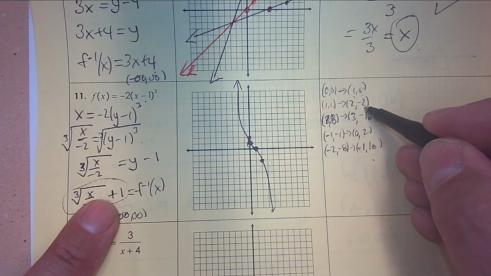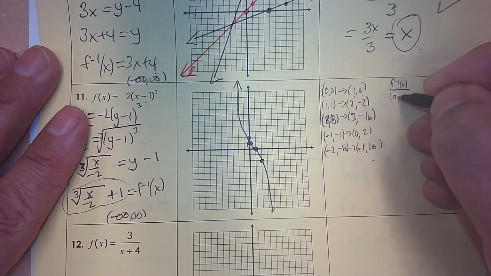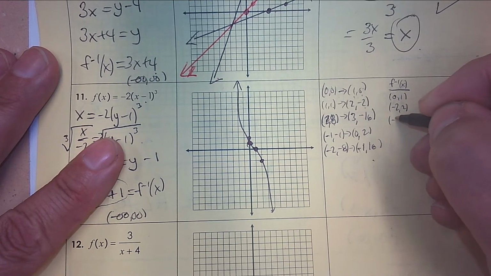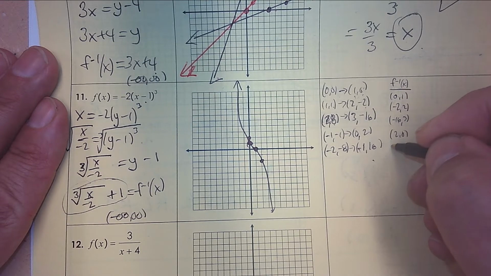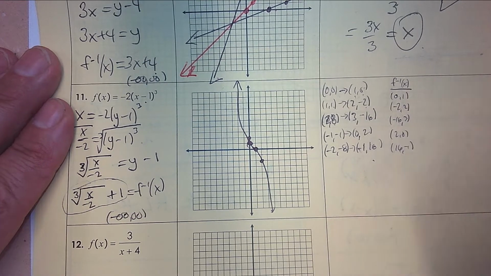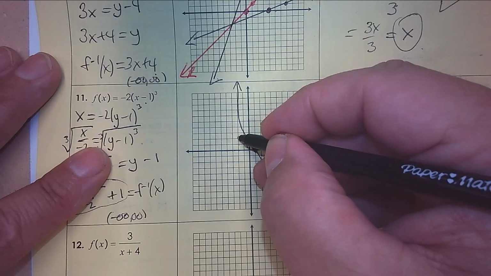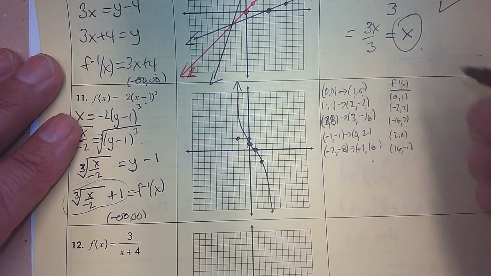So what's the inverse then? Every point you flip. And obviously the last points won't be on our graph. But I can find negative 2 and positive 2. I can find 2 and 0.